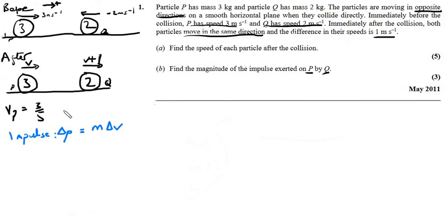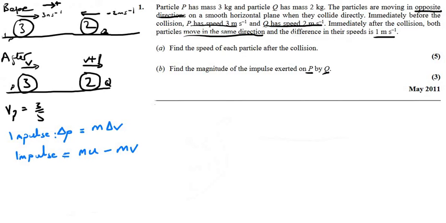So we have an equation for the impulse, which is this. The impulse is equal to the mass times the initial velocity minus the mass times the final velocity.